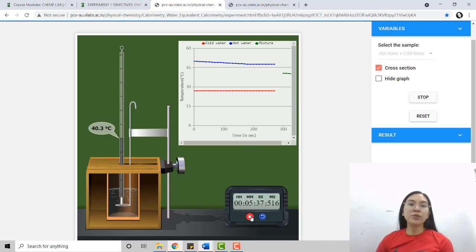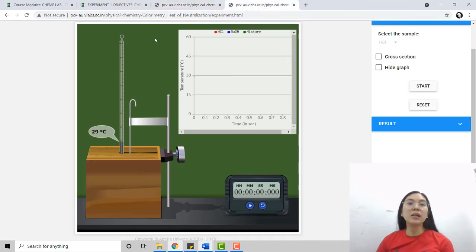Now, after collecting that information, you would need to calculate the heat of the calorimeter, or rather the calorimeter constant. Once you know the calorimeter constant, that will be the first requirement in the file. You could then go to the second experiment, wherein you will perform the same experiment.